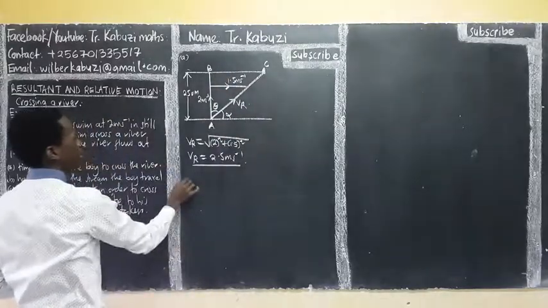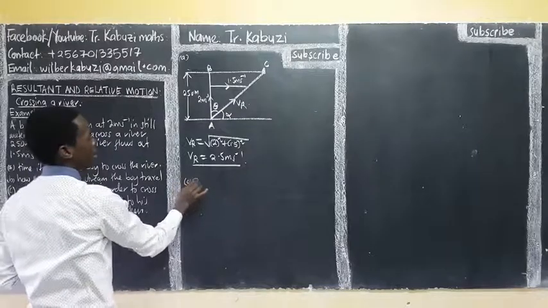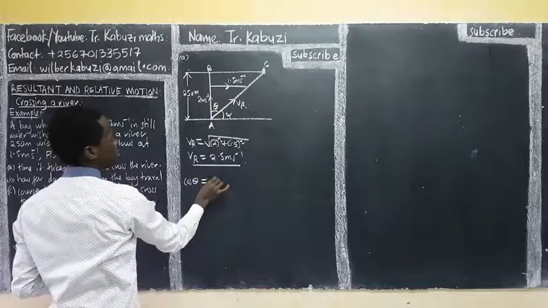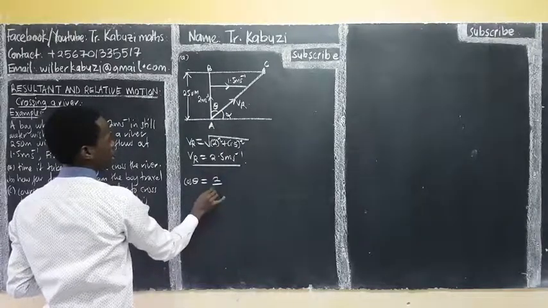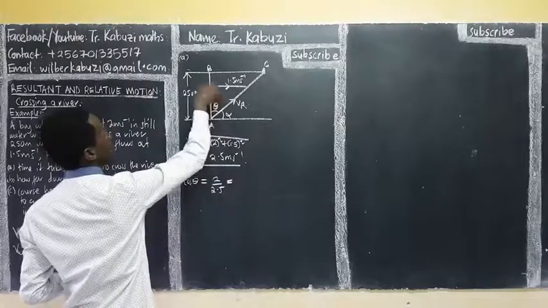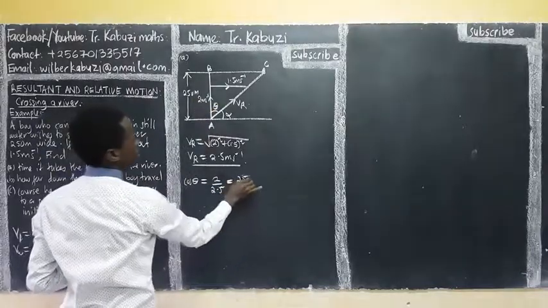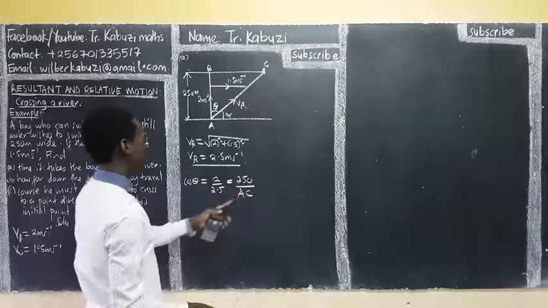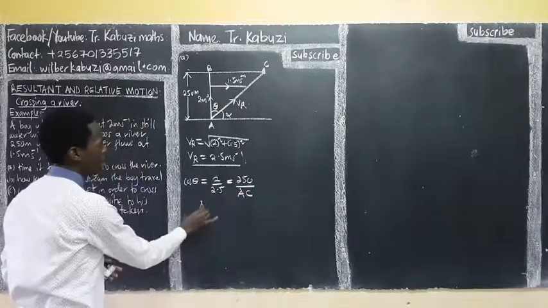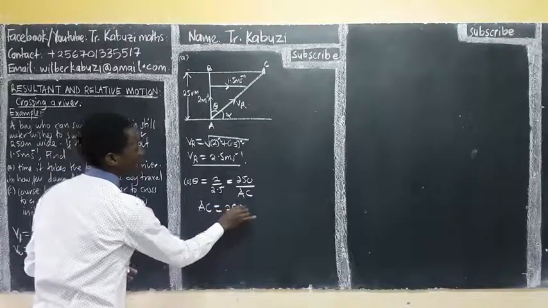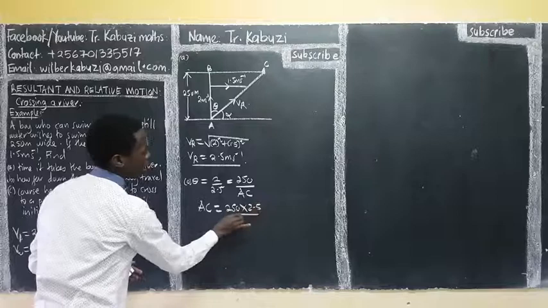So cos theta is the adjacent, 2, over the hypotenuse, 2.5, which equals also the adjacent, 250, over the hypotenuse, AC. From there, AC is going to be 250 times 2.5 over 2.